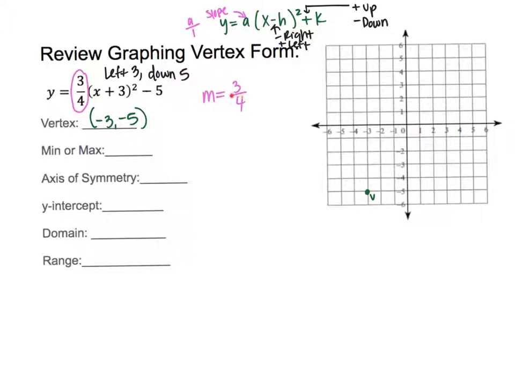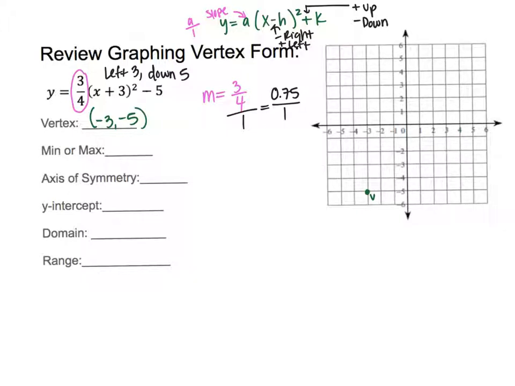Here's the unfortunate part: this run here is not 1. So what we can always do is put that slope over 1. This looks weird at first because you have a fraction over 1, but all you have to do is make this fraction into a decimal. So 3/4 as a decimal, or 3 divided by 4, is 0.75 for 1.